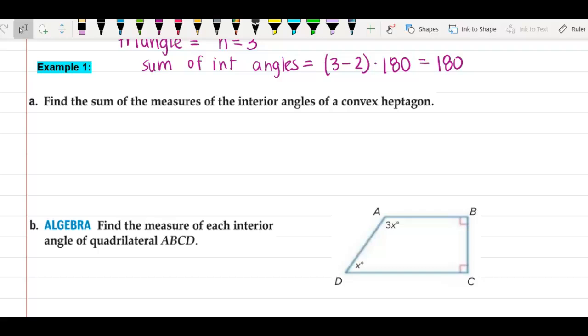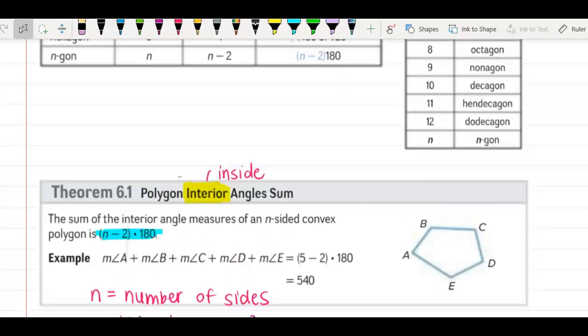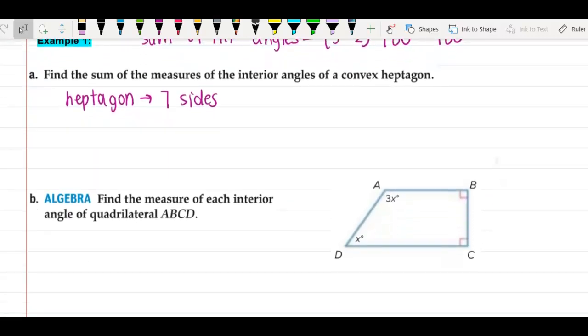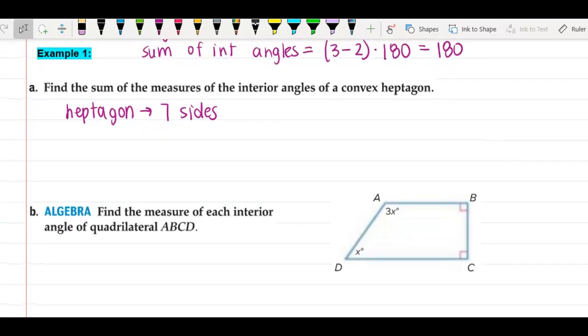For A, we want to find the sum of the measures of the interior angles of a convex heptagon. A heptagon has 7 sides, if you forgot. Feel free to use this chart for your practice. If it says hendecagon or something and you're not sure, feel free to use that. So a heptagon has 7 sides, which means n is equal to 7.